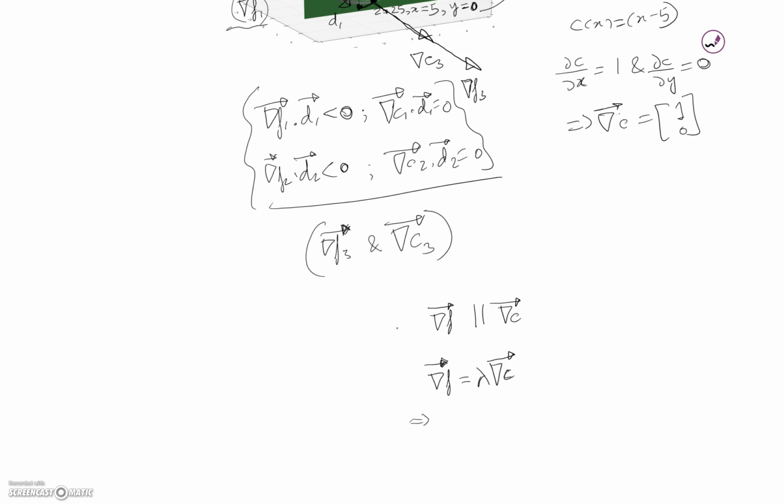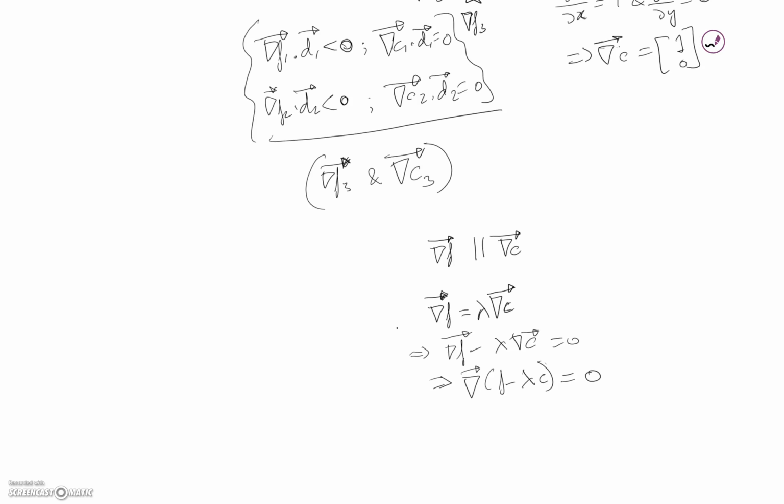And another way of writing that is del f minus lambda del c equals 0, which is the same as del of (f minus lambda c) equals 0. And this is the Lagrange condition.